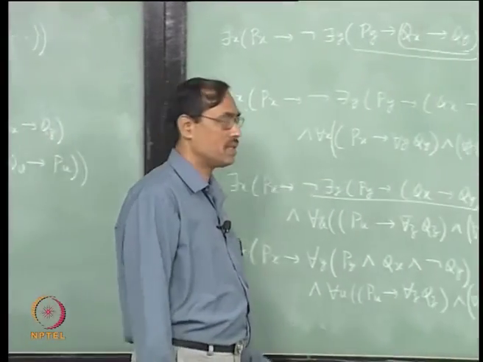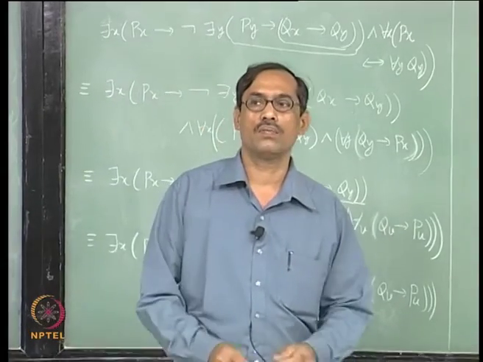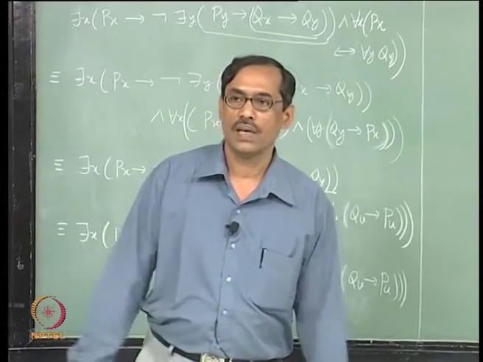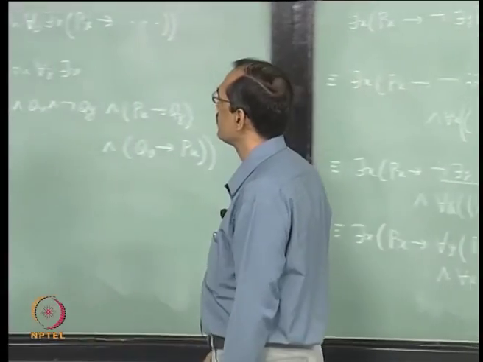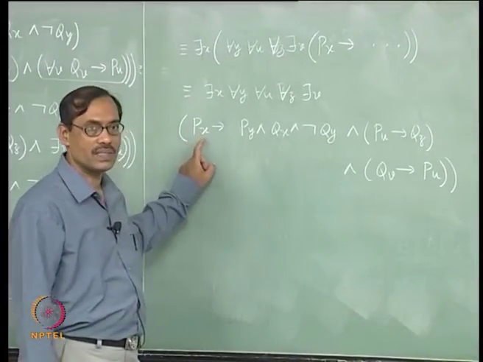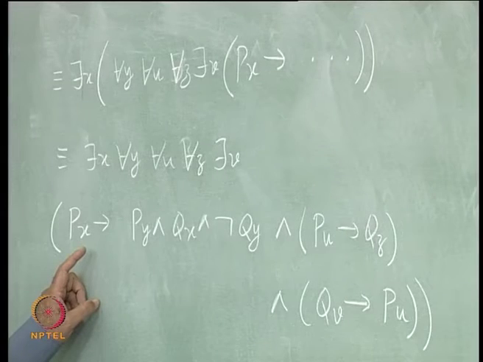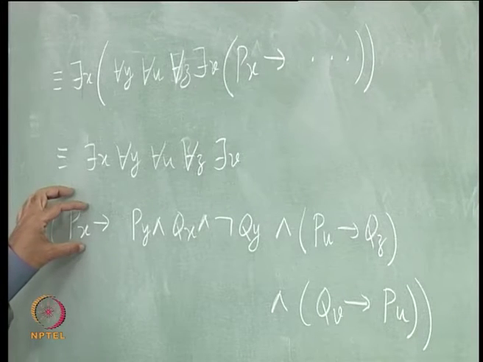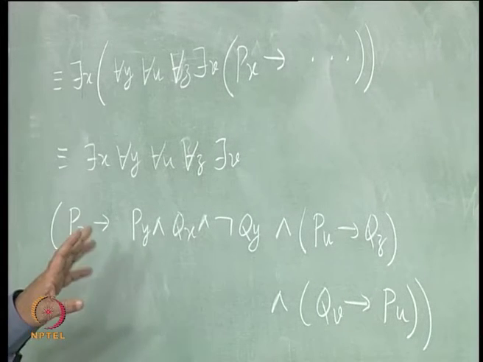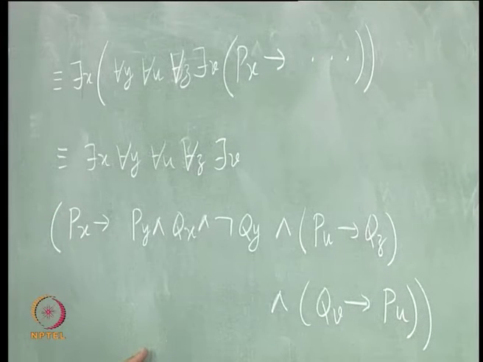So, all that we see here is that any formula can be brought to one which is in Prenex form. Now, if you want to convert it to some DNF or CNF, you may have to redefine what is a literal, what is a disjunctive clause, and so on. That is easy. So, you just say that any atomic formula is a literal, any negation of an atomic formula is also a literal, right.